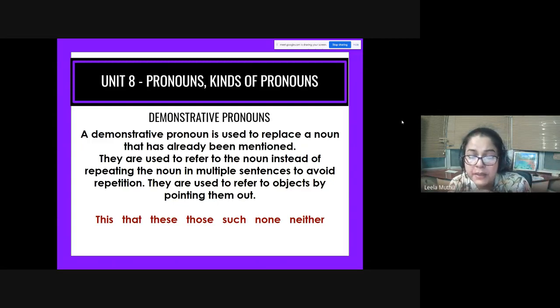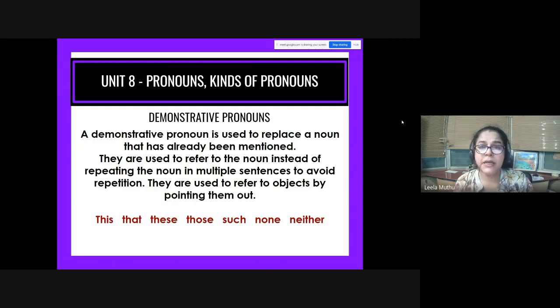Okay? They are used to refer to objects by pointing them out. What are the words you use to point out or refer to something? This, that, which is at a distance. This is something which is close. That, okay? Or we say these, those, when we are referring to plural nouns, right?